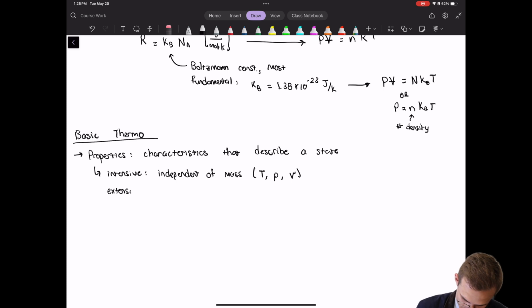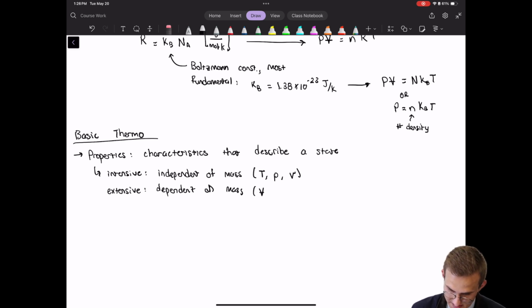And then you also have extensive properties, and you might guess that these are dependent on mass. Examples are the actual scalar volume, the internal energy U of the system, and the entropy of the system, capital S. There's also a separate trichotomy within properties.